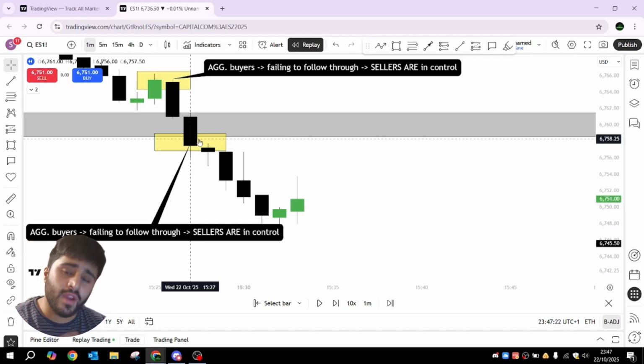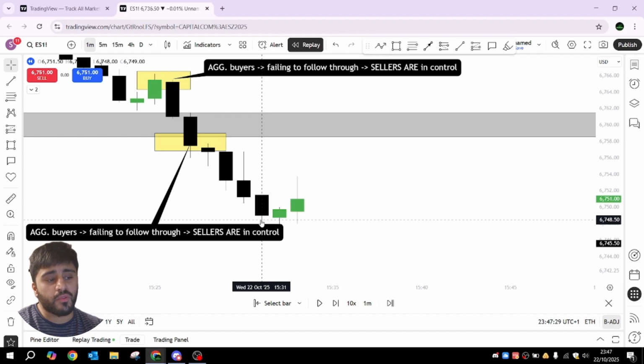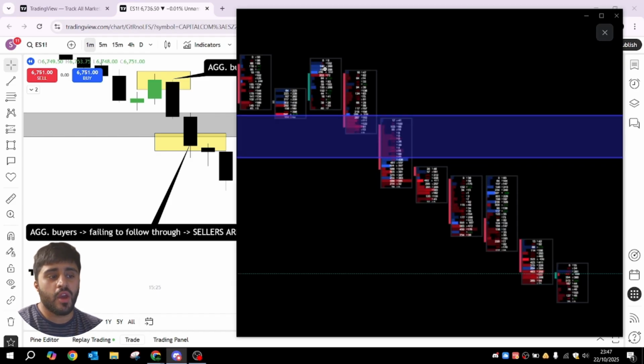Aggressive buyers were present, but they could not break above the level. We saw a pretty heavy flush to the downside. When you see a flush to the downside with buyers, it shows the aggressive buyers have not been rewarded. They have been absorbed, or trapped, by passive sellers. Passive sellers are driving the market down.